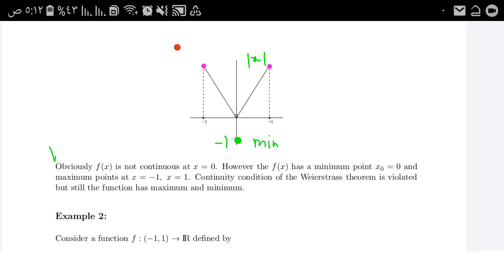These 2 points are maximum. In conclusion, this function has 1 minimum point and 2 maximum points.